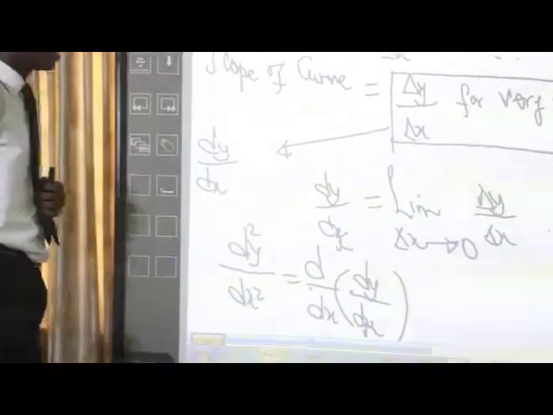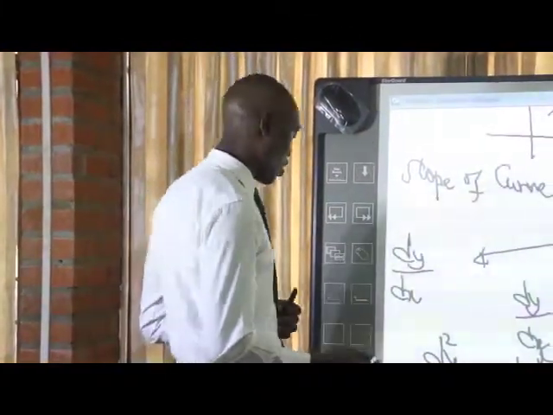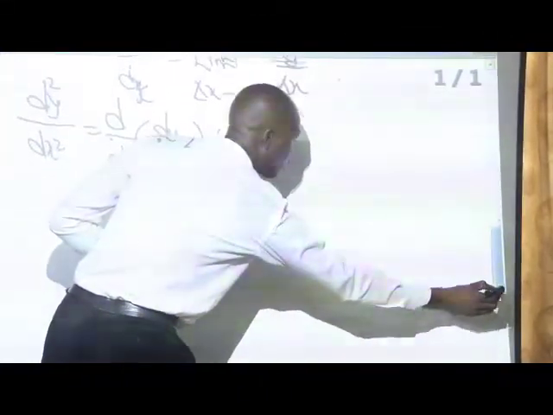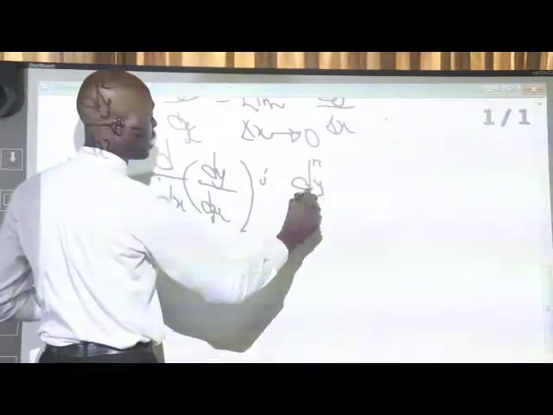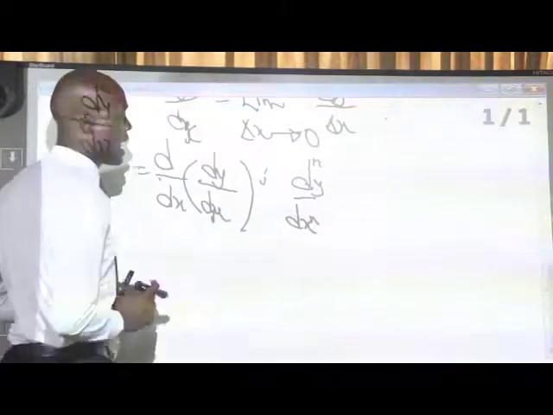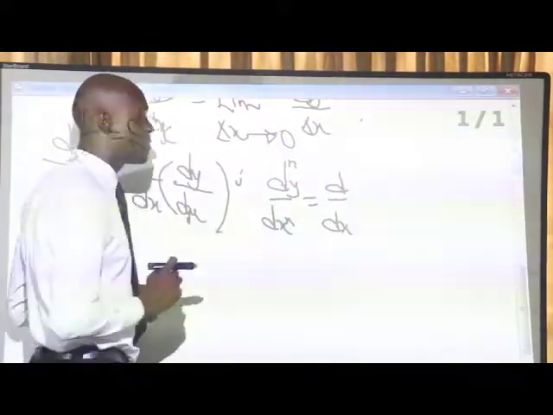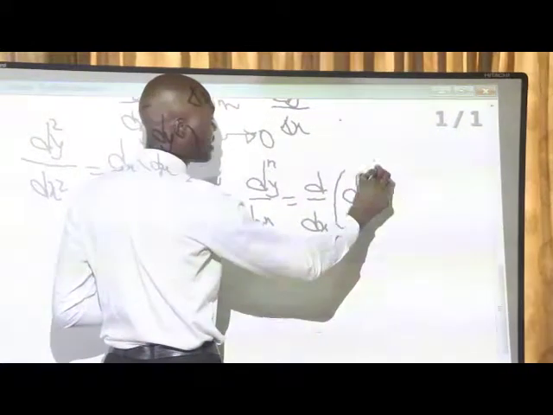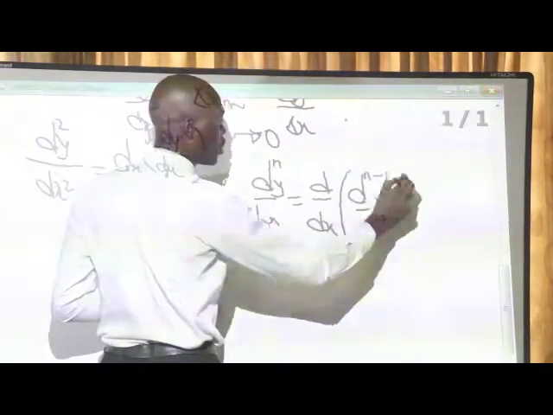You can also obtain the nth order derivative, which you can obtain by writing d to the n y over dx to the n, which is obtained as the derivative of what you have differentiated earlier, which will mean differentiating the (n minus 1)th derivative of the function y.